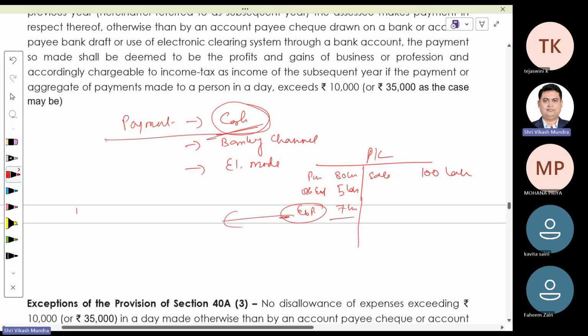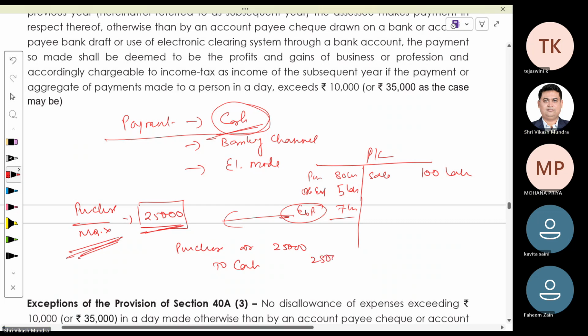Suppose I bought some goods from Mr. X worth rupees 25,000. I inflated my purchase by showing this. On the other hand, how could I make payment to Mr. X? I pass this type of entry: purchase account debit 25,000 to cash 25,000.